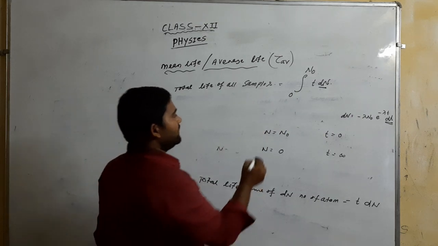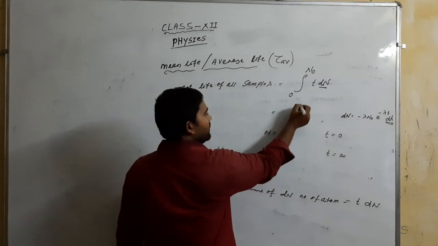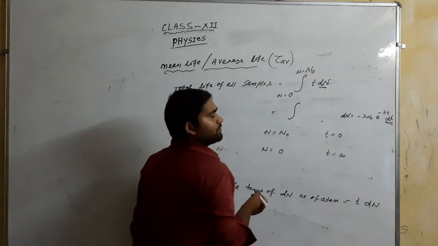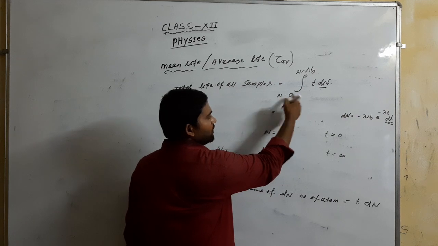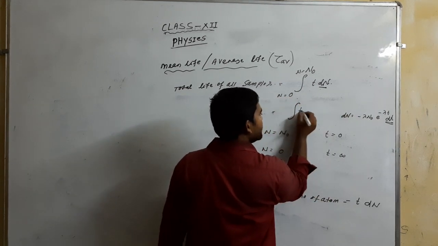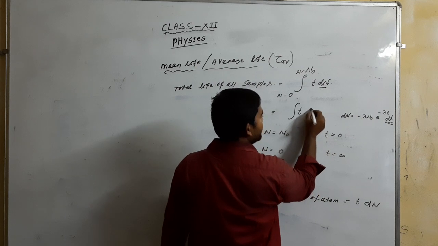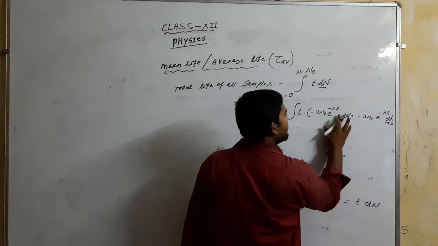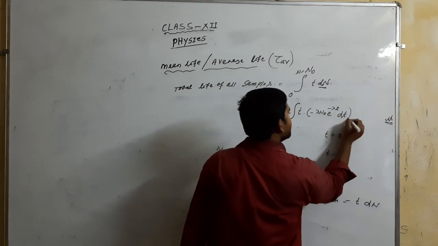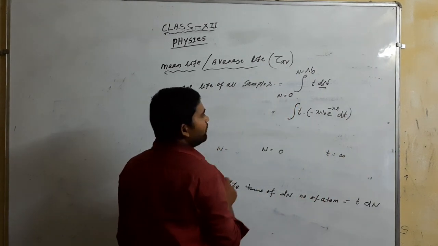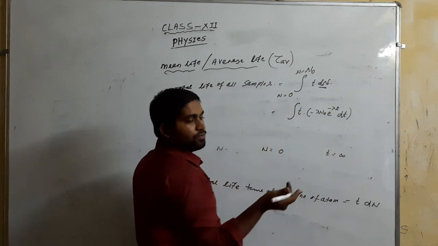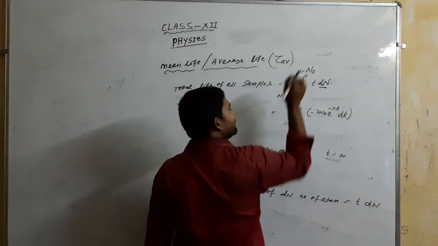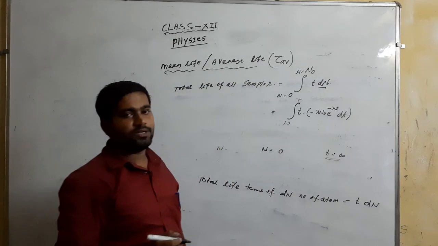So if we change the limits here, n equals 0 and n equals n0, we replace the value of dn, that is minus lambda n0 e to the power minus lambda t dt. When n equals 0, the time will be infinity, and when n equals n0, the time will be 0.